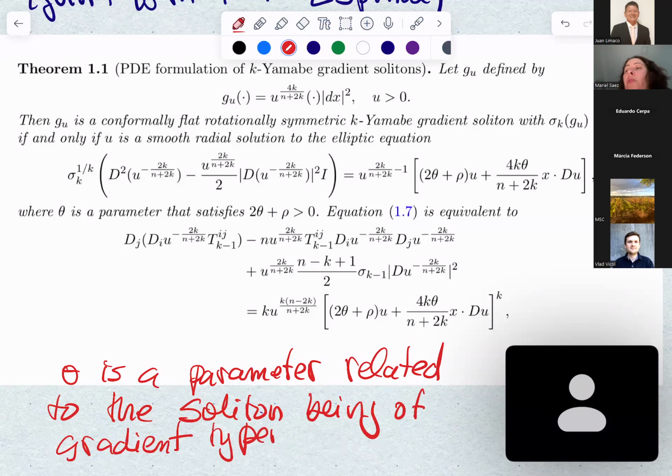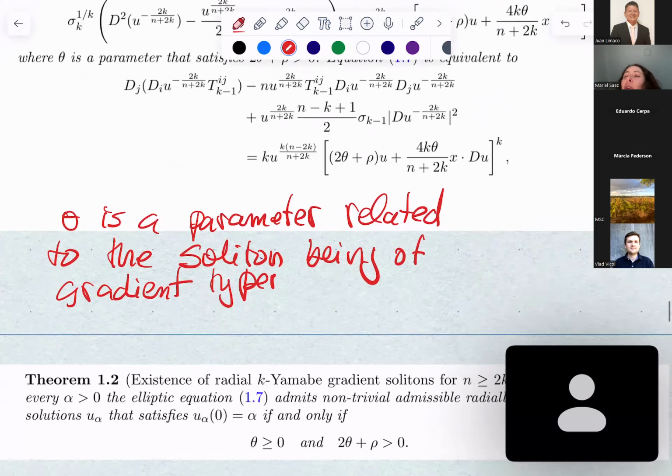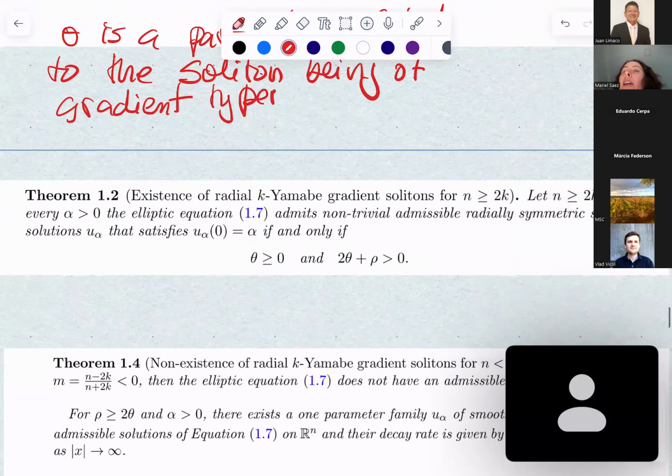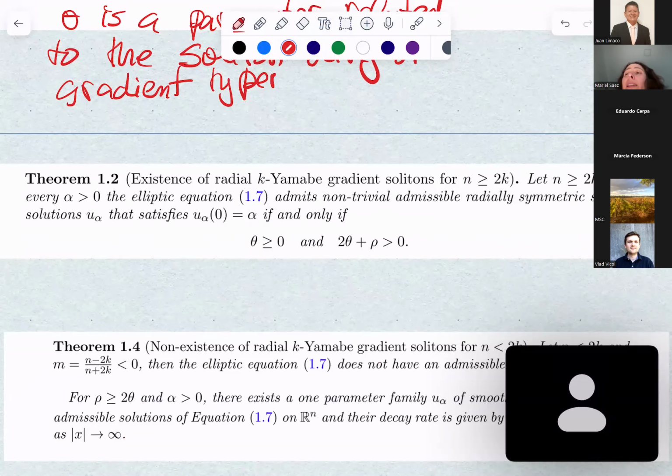Okay, so we have the question, can we say something about the solutions of the equation? And we can say the following. When we have the following relationship between n and k, n bigger or equal than 2k, we also have the conformal case in this situation.